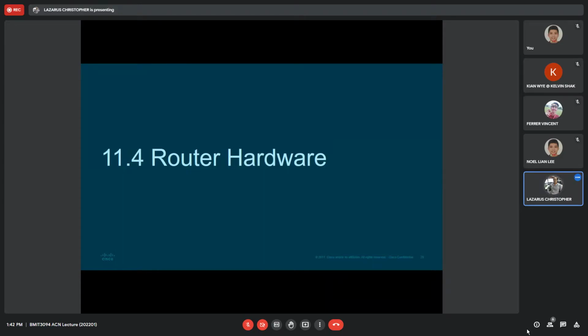So this is a slightly different consideration. A router is never going to have a lot of ports, because routers basically connect to other routers or to switches. Never to a host, except in very specific situations. Maybe you connect to a server, right?